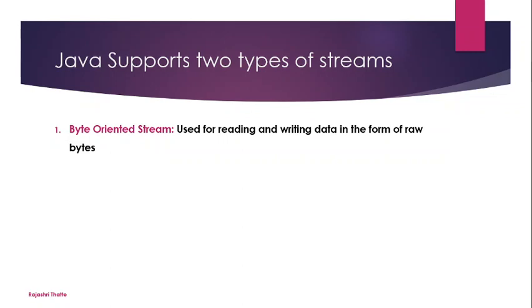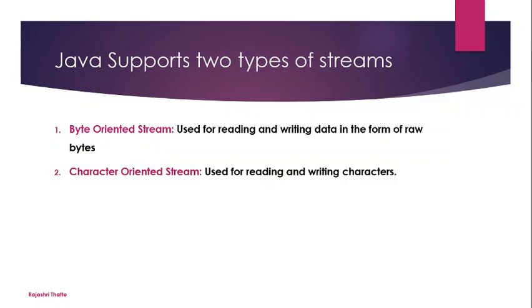So here the raw material is a byte. Byte by byte we are reading the data as well as writing the data. So it is called a byte-oriented stream. If the stream allows you to read data byte by byte or to write data byte by byte, that stream is called a byte-oriented stream.